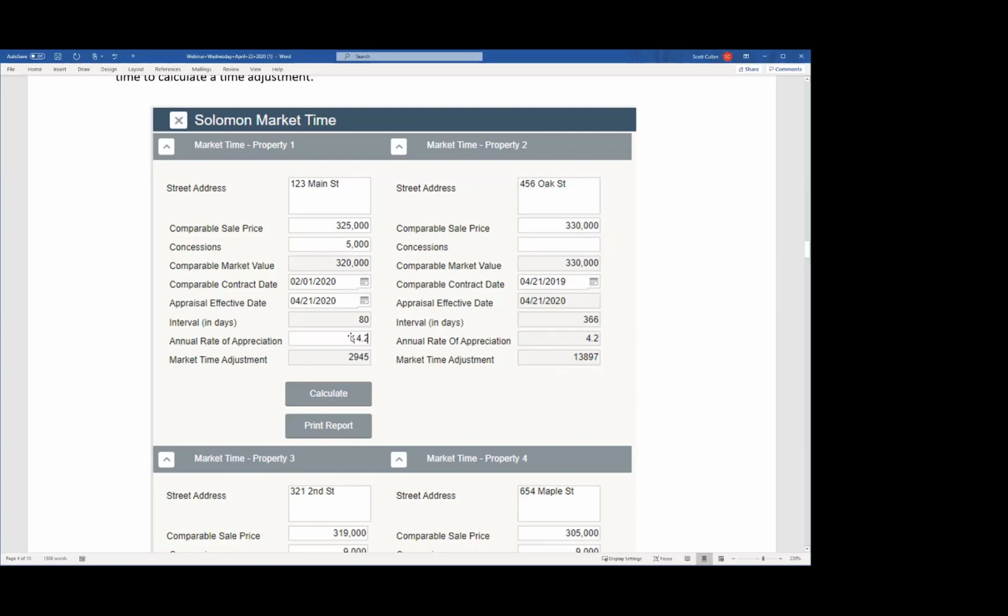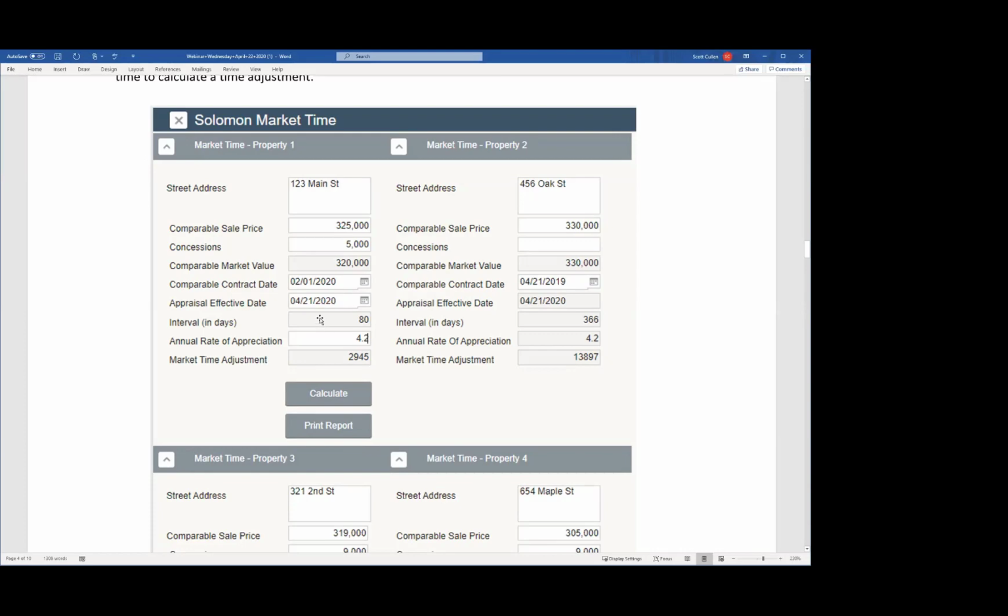For 365 days, we're going to have probably less than a fourth of 4.2, more like 1% maybe. And then it multiplies that by this 320. Turns out it's 29.45. So there's the market time adjustment based on a fraction of this appreciation rate, and the fraction is determined by the interval in days between the contract date and the effective date, okay?